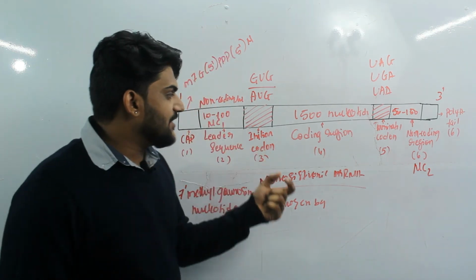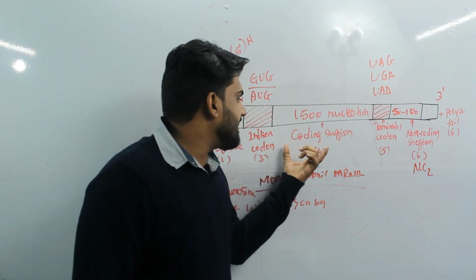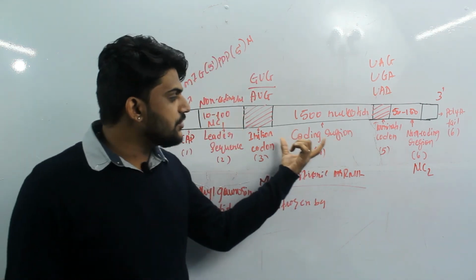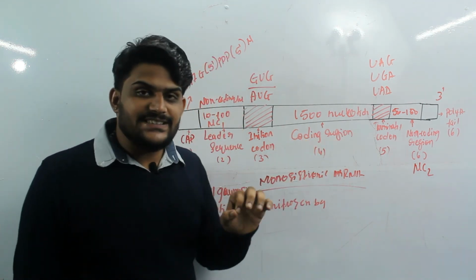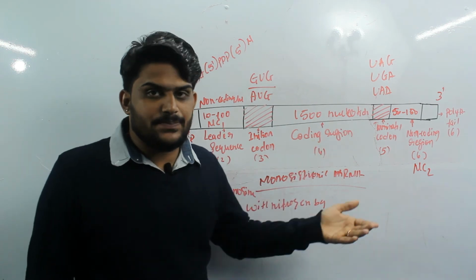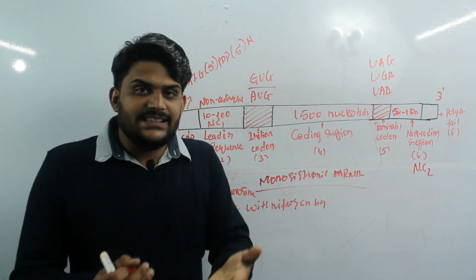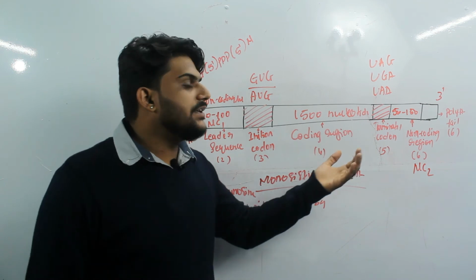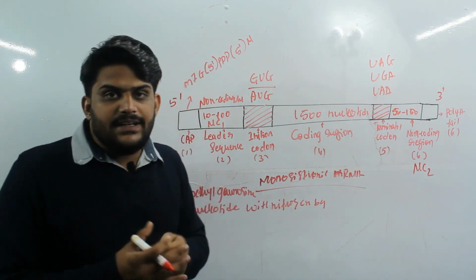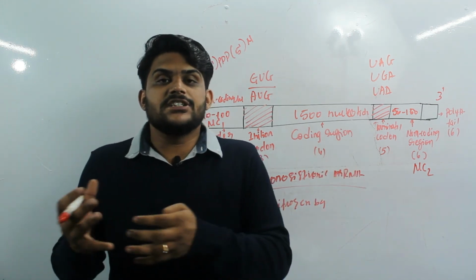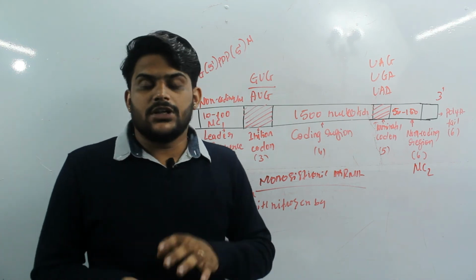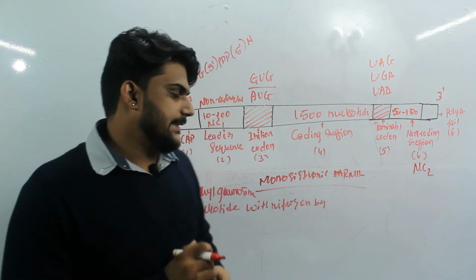Now coming to the function. The coding region is the main region where protein synthesis happens. The message present there will be translated into a protein, a polypeptide formed by several amino acids together.